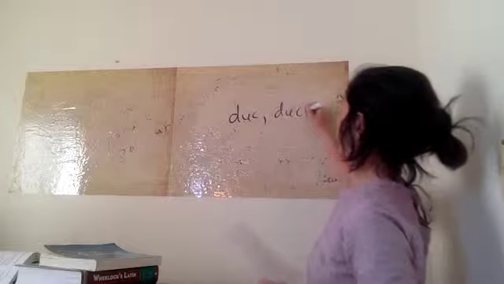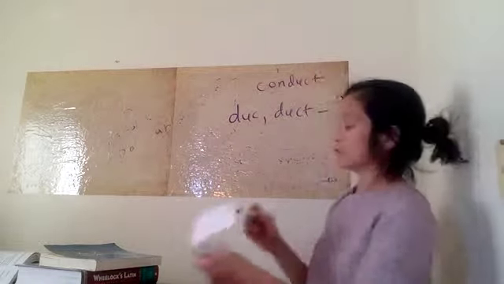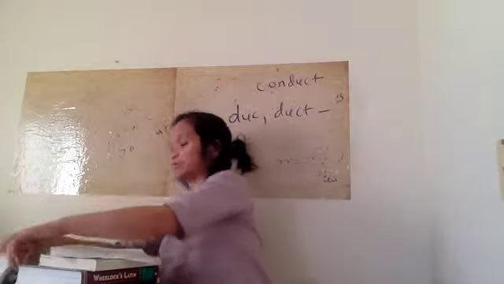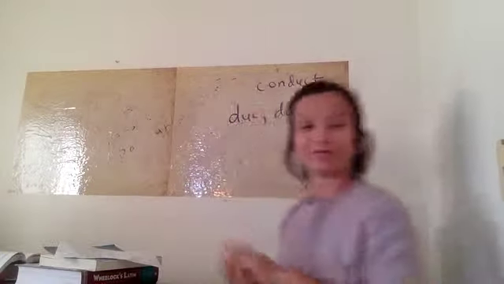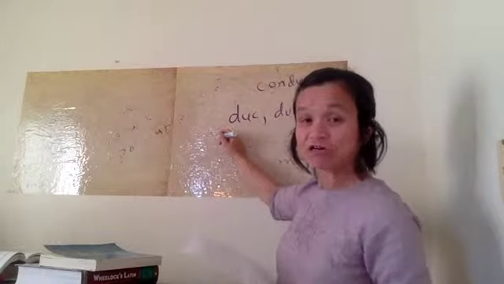This is an example. Our book gives us the example of duc or duct. This can mean to lead, so that occurs in words like conduct. Another example would be the verb in Latin, facio.